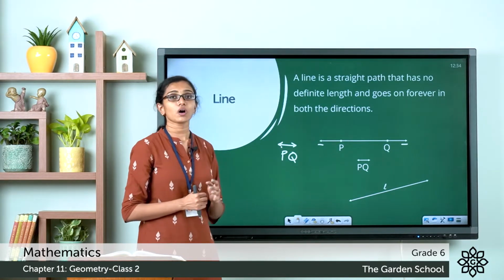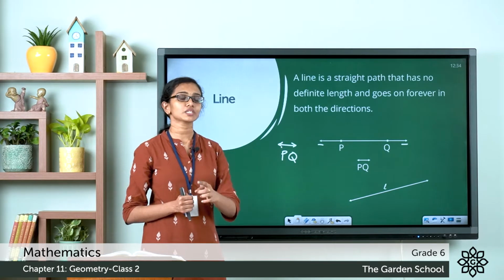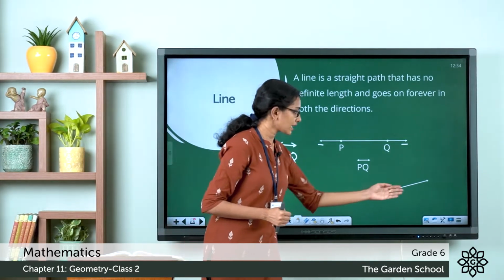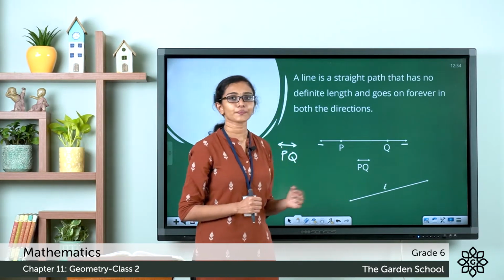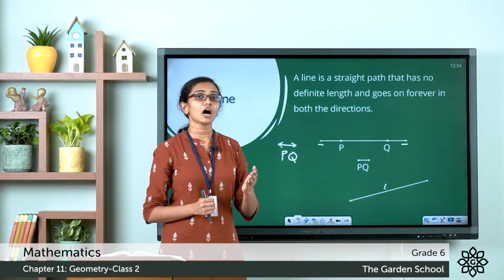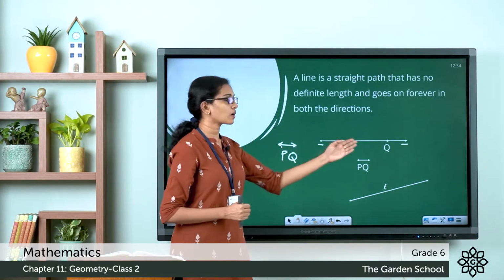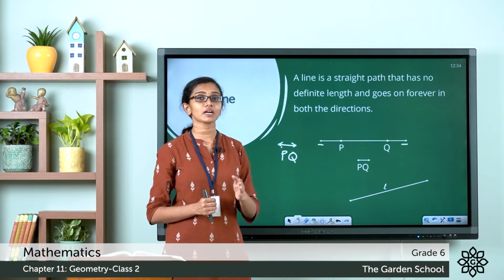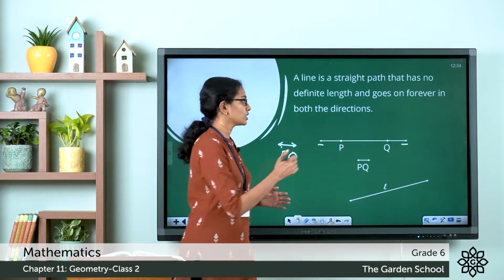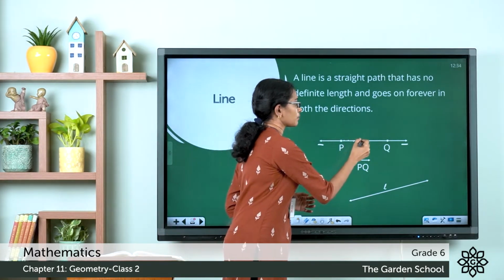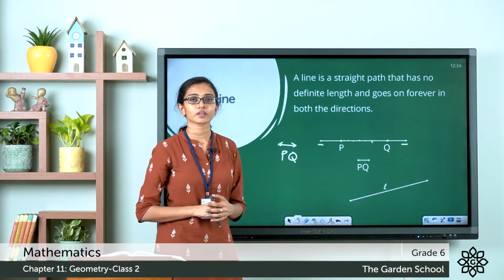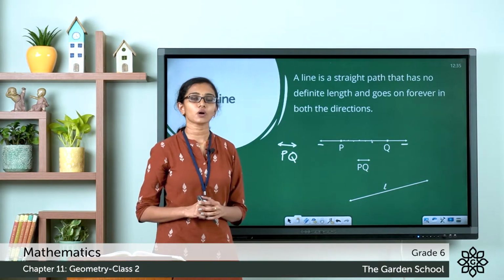Now a line can also be represented using a small letter. So the line you see here, this is line L. Now how many points can be marked on a line? We can mark infinite points on a line. You can mark any number of points on a line. What about the length of a line?